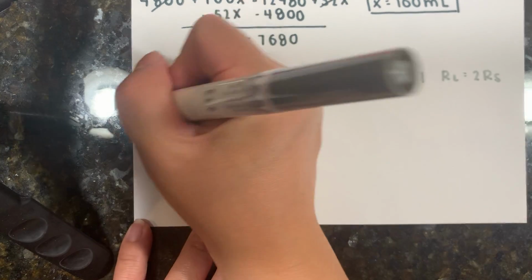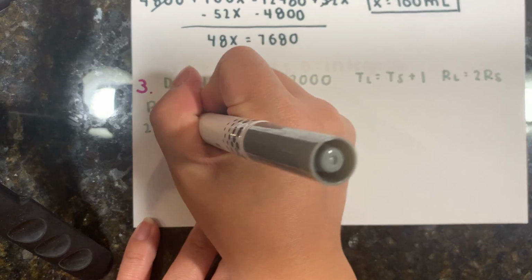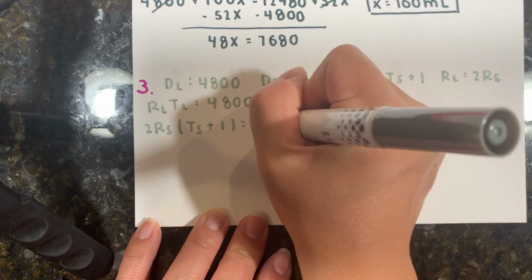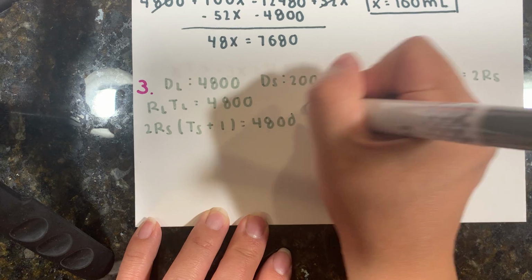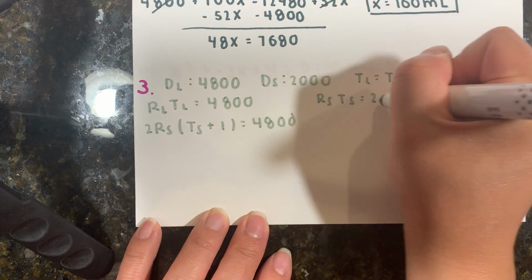I'm going to plug this in, so that would be 2RS times TS plus 1 equals 4,800. From the other equation, I get RSTS equals 2,000.